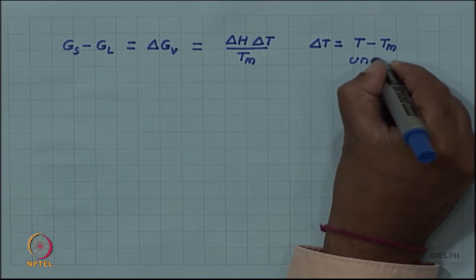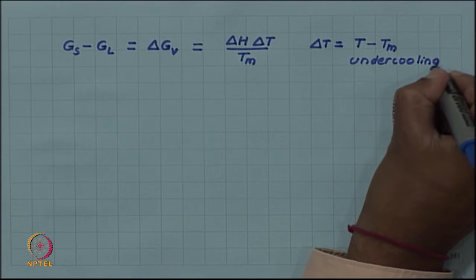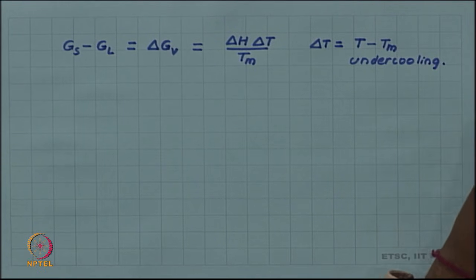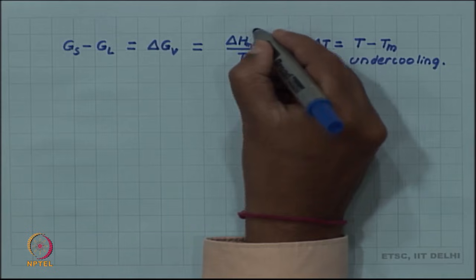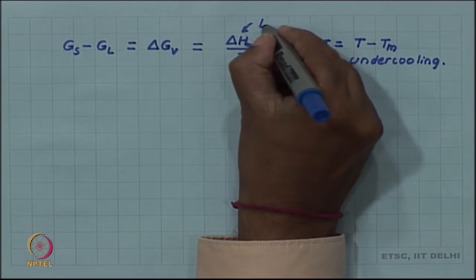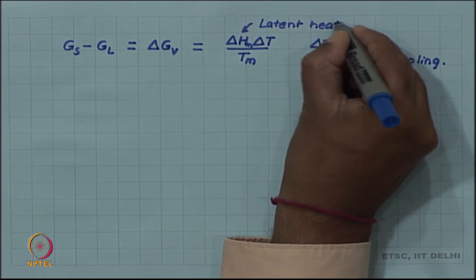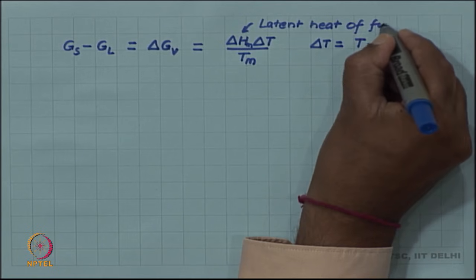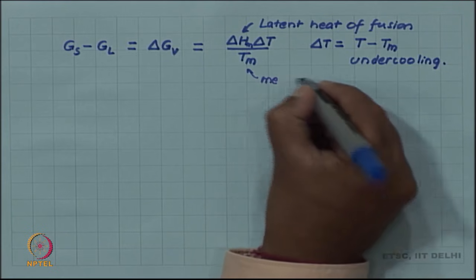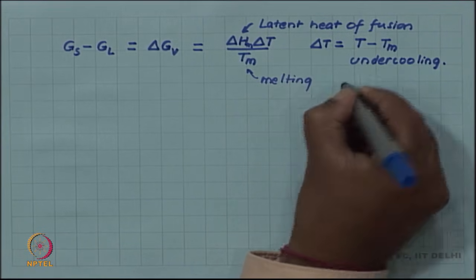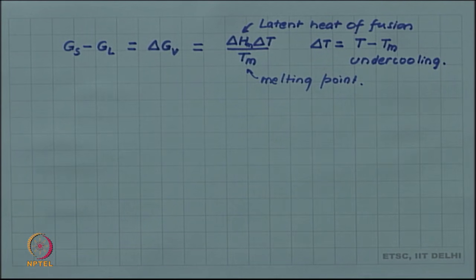This was the undercooling. And I can write it as delta Hm, which is the latent heat of fusion, and Tm is the melting point. We had derived this expression in a previous video.